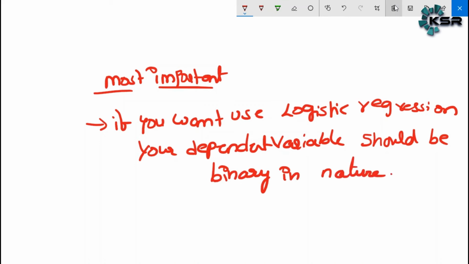What do you mean by binary in nature? Binary means 0 and 1. So that means, can we say true or false?